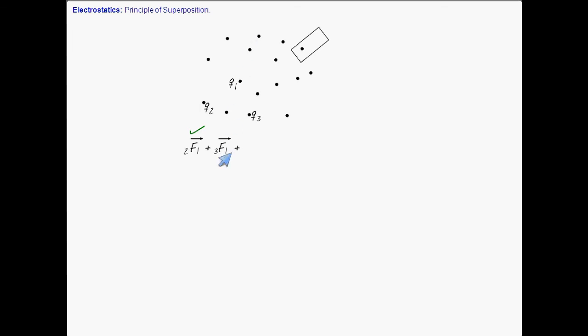In the same fashion, I will calculate the force on 1 due to all the charges which are present here. But whenever I am calculating the force on Q1 due to, say, Q4, I will assume as if the others are not present. Correct? Simply add all these forces vectorially. What we will get is the net force on Q1 due to all these charges put together.